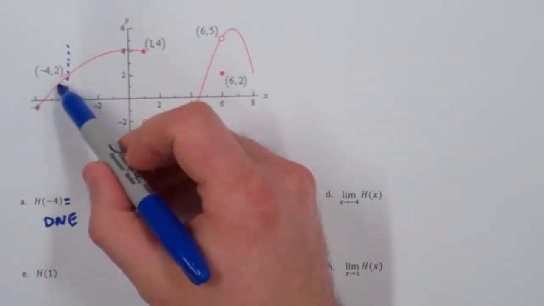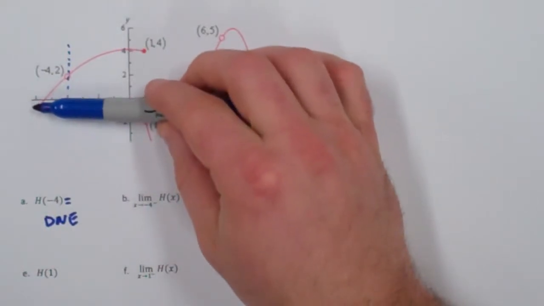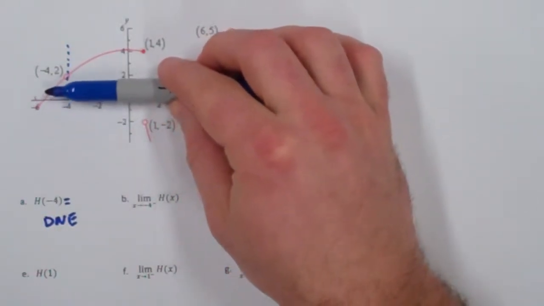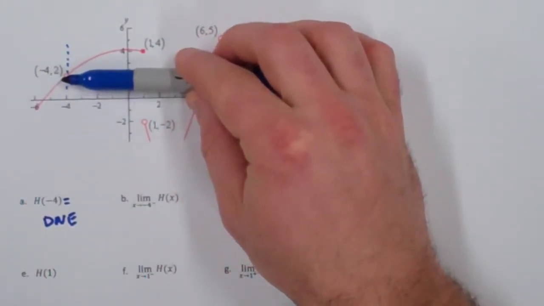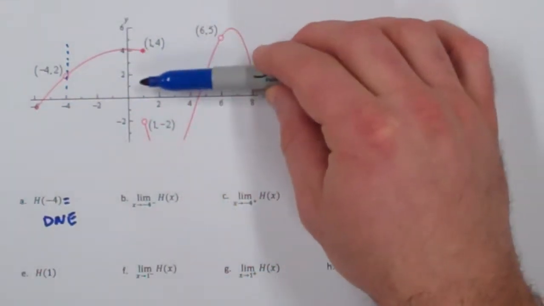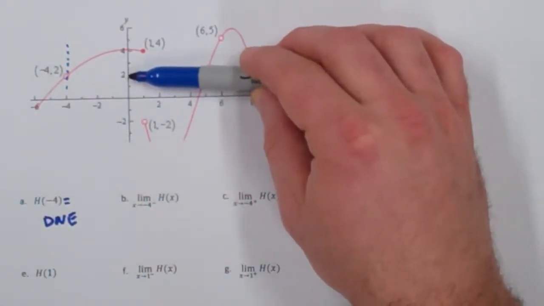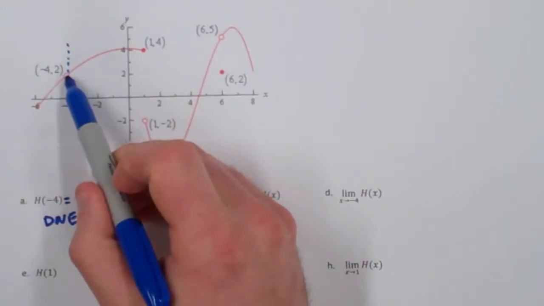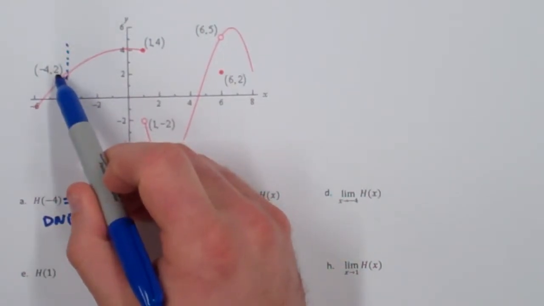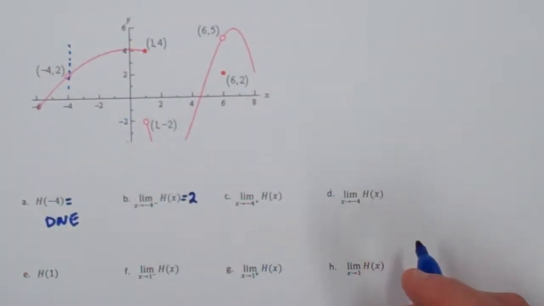All we care about is what y value this is getting close to. If we come from the left, you can see that as we go to the right towards -4, this is the left-hand limit, it looks like this marker here is leveling off or getting close to a value of 2. And even this missing point here, we're given that the y value is 2. So this is definitely 2.